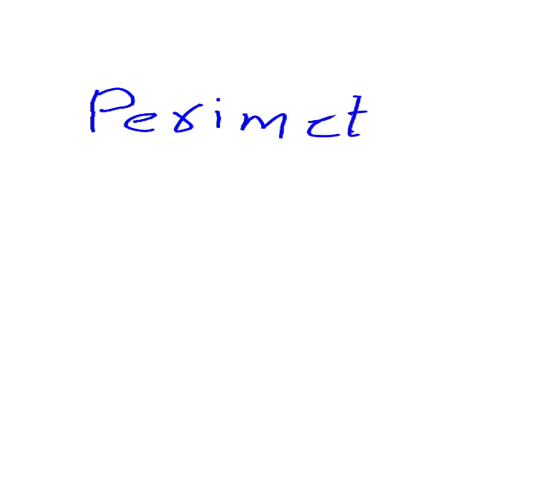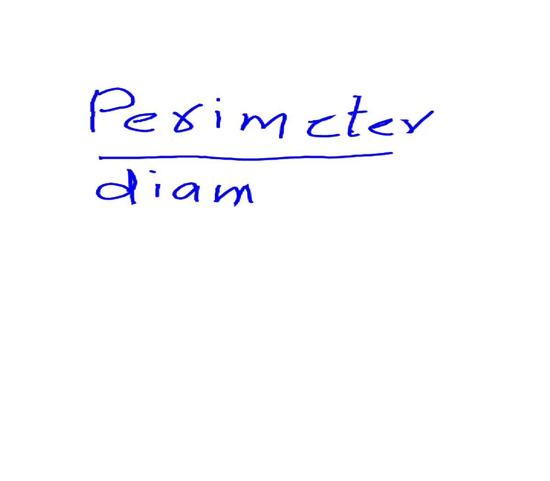Now perimeter divided by diameter. This is a constant ratio.